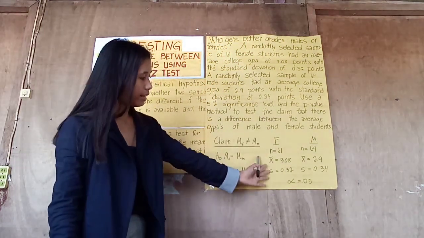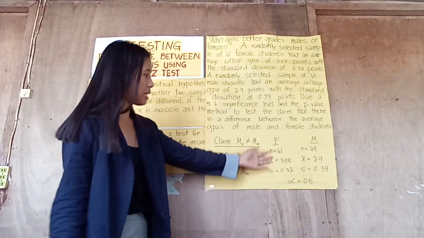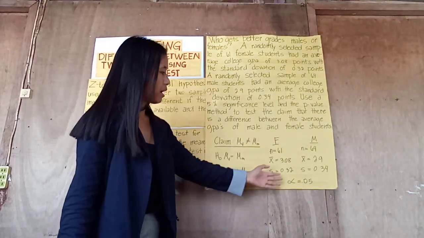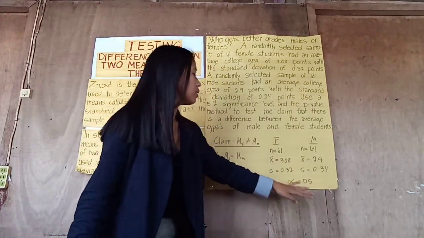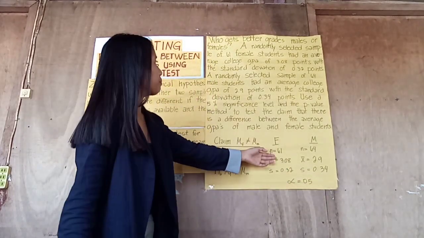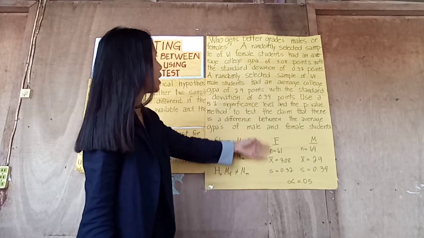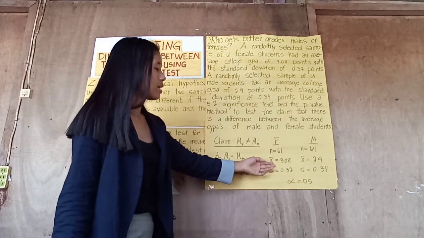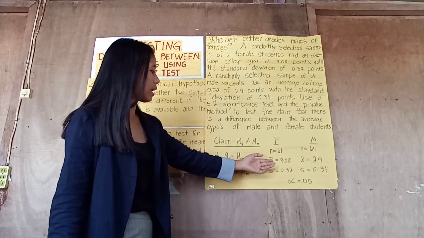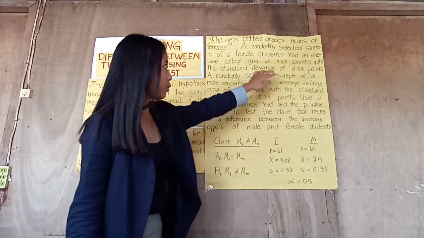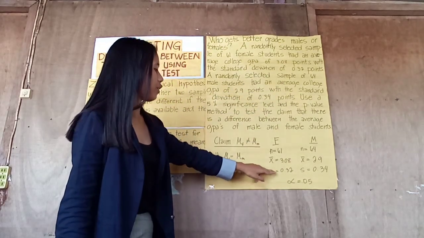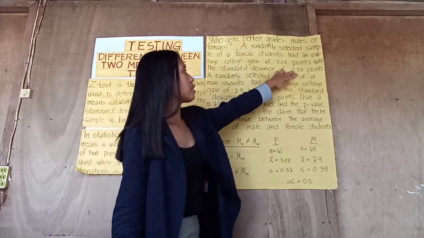So we have here the data. You will see the data of male and female. The sample size for female is 61, and then the sample mean or the x bar equals 3.08, and then the standard deviation of 0.32.